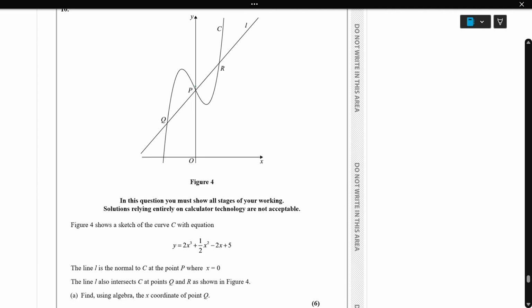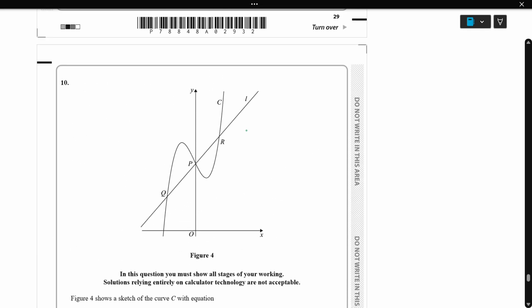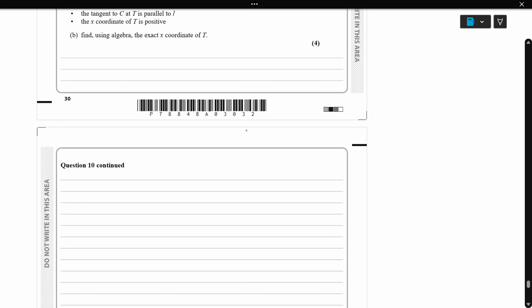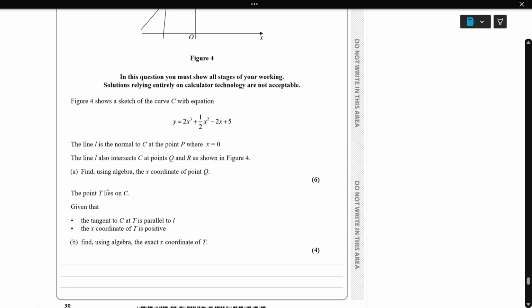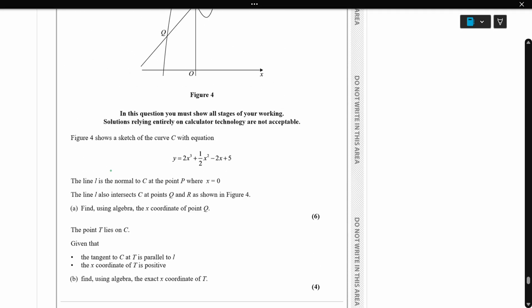So we'll find the coordinate of P. P is very simple. Just put x equal to 0 in the equation, we get 5. So the y-intercept, the point is 0, 5, P.